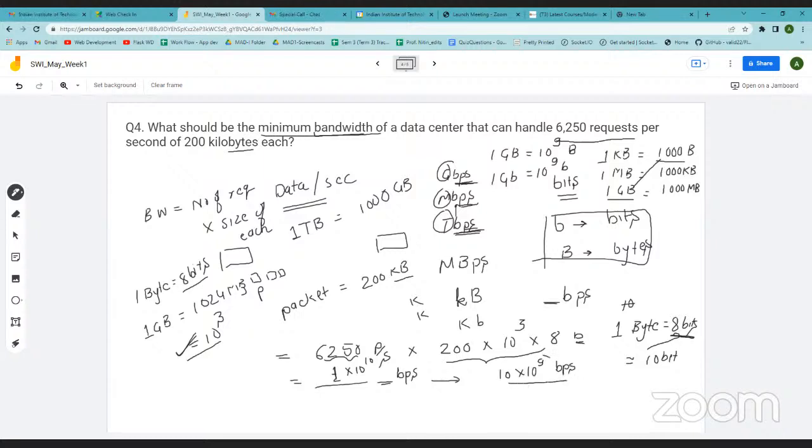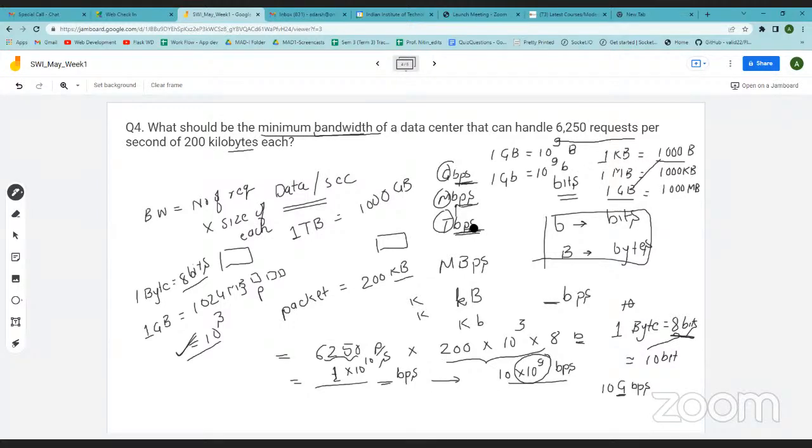If I convert this into gigabits, it will be simply 10 gigabits per second. So if you observe, this capital G doesn't matter. I could very well have converted it into terabits per second or kept it in megabits per second. What matters is bits per second.